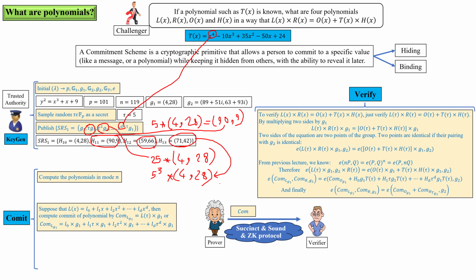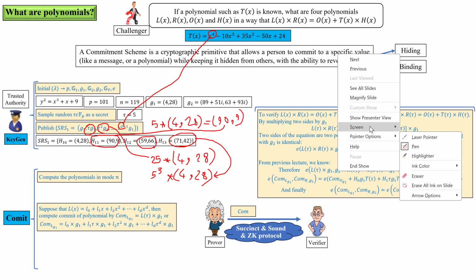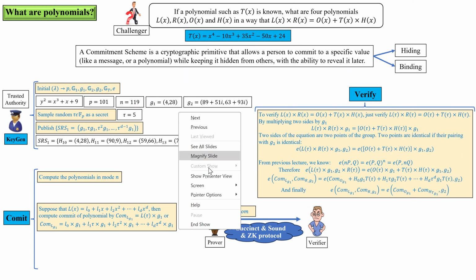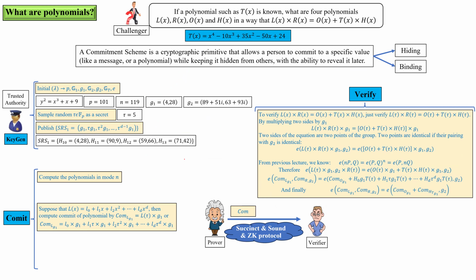Okay, now the key generation round is completed. The responsibility of the trusted authority is done. The prover now needs to follow the commit algorithm. So the first step is that the prover computes the polynomials in mod n.